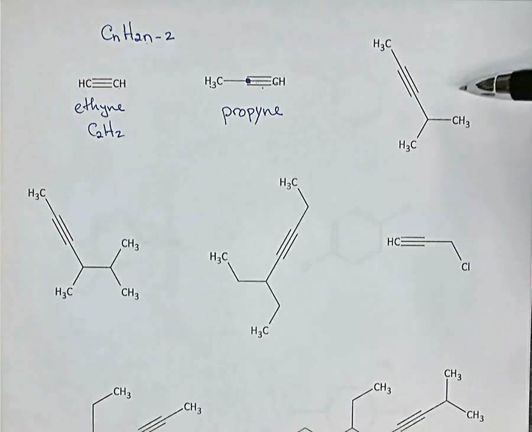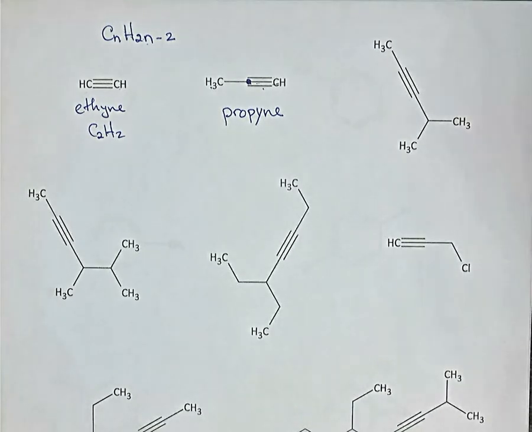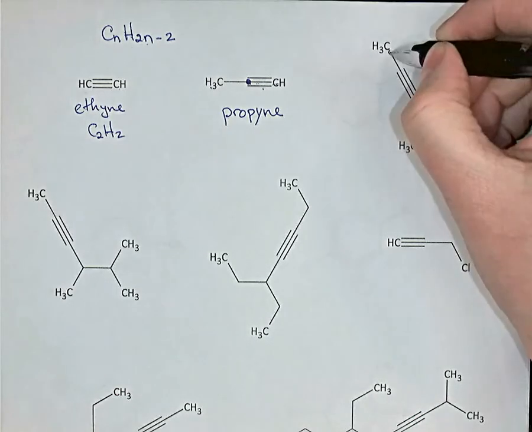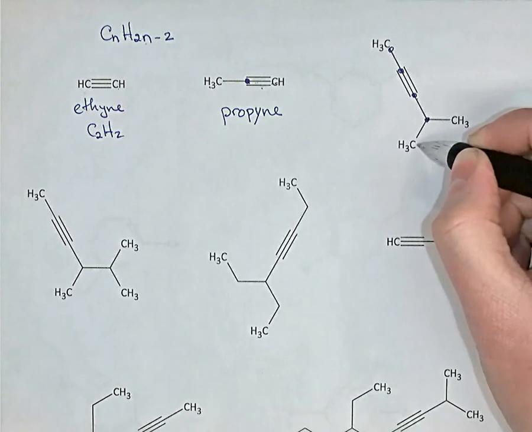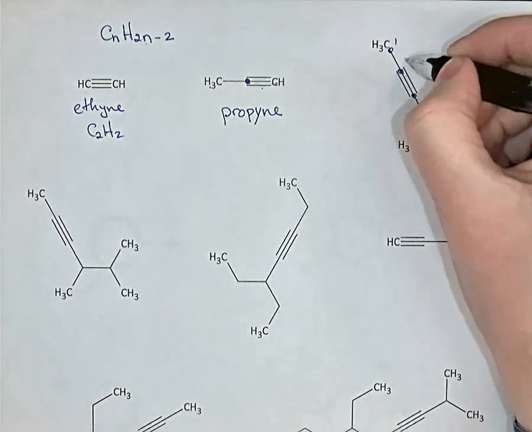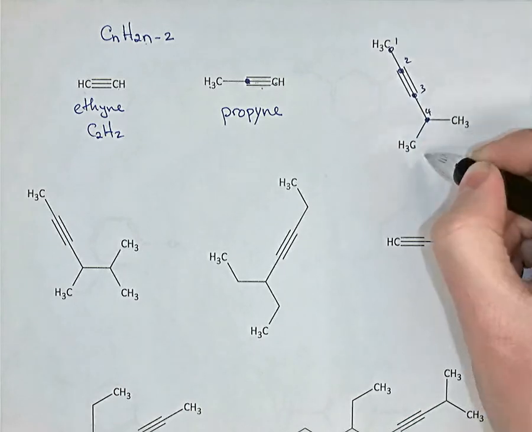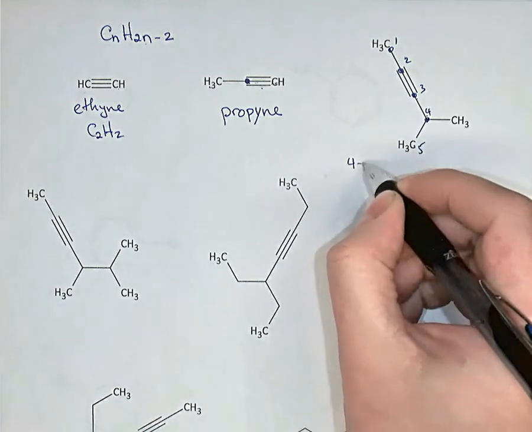This molecule here is a bit more complicated. 1, 2, 3, actually this is the one we just saw a minute ago in our model, wasn't it? 1 carbon, 2 carbons, 3 carbons, 4 carbons, 5 carbons. This is pentyne. 1, 2, 3, 4, 5. And on carbon number 4, there's a methyl branch. So this is 4-methyl.